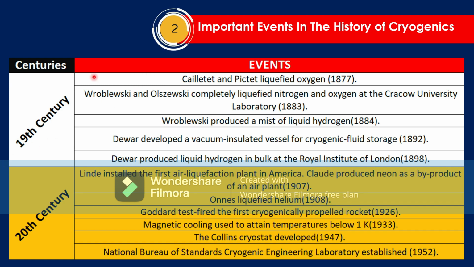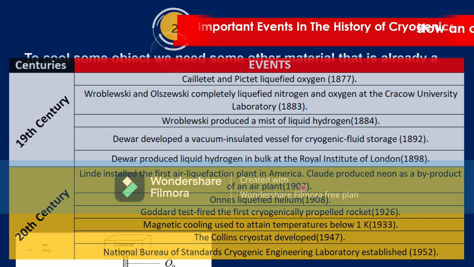Here I have mentioned some important events, like those which occurred in the 19th century, and during the 20th century these events occurred. This is not of much importance. You can take a screenshot and let us jump to the next slide.